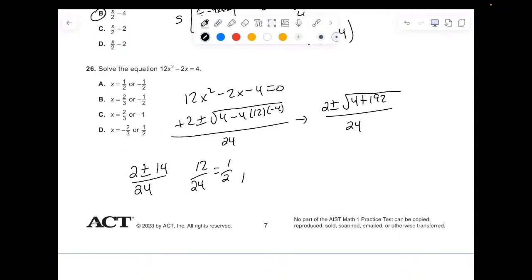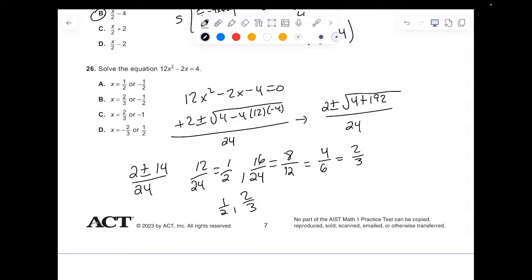And we have 16 over 24, which is equal to 8 over 12, 4 over 6, 2 over 3. Okay, so 1/2 and 2 over 3.